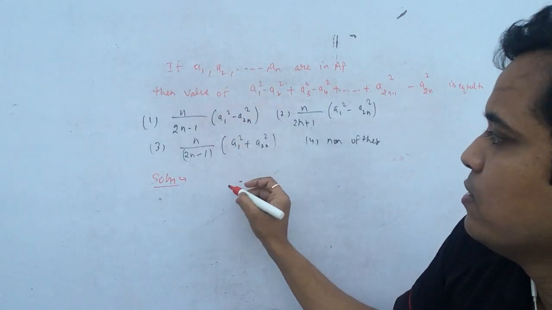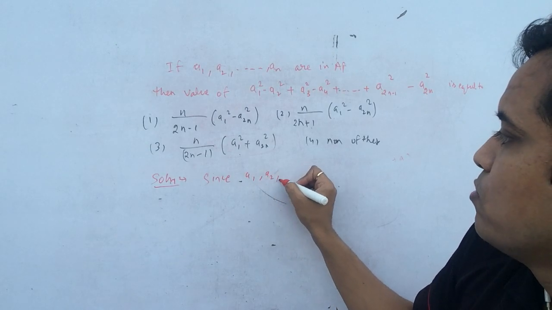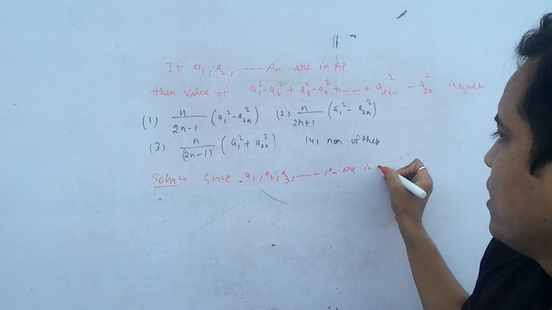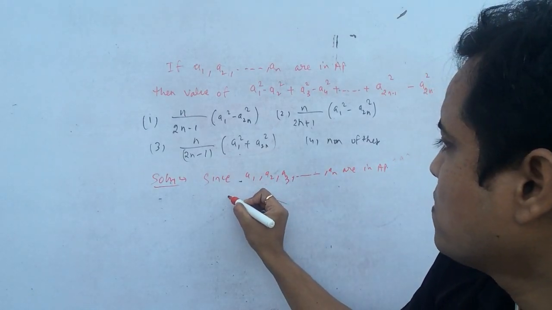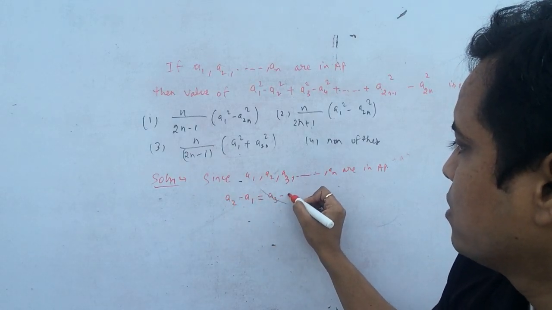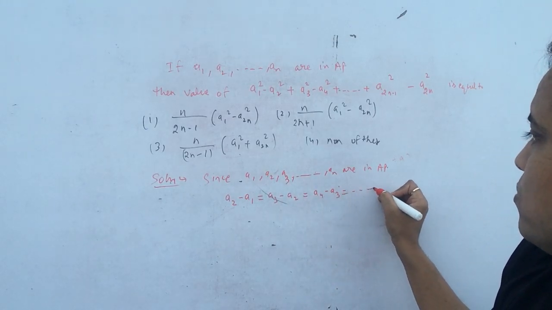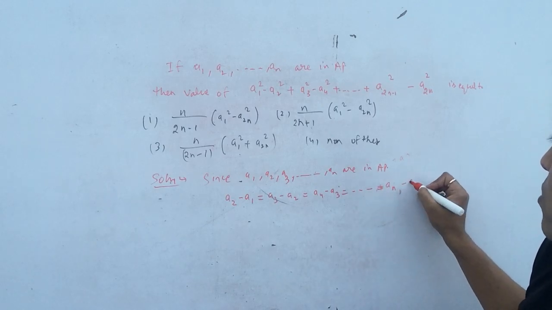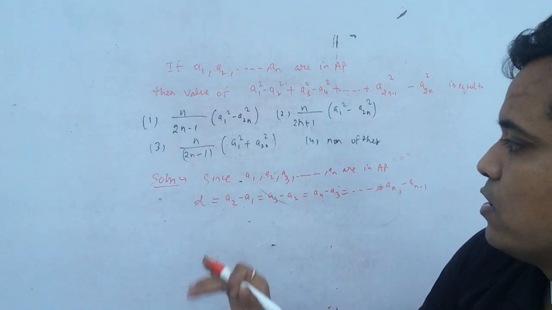Since A1, A2, A3 up to AN are in AP, what do we know? A2 minus A1 equal to A3 minus A2 equal to A4 minus A3 equal to AN minus AN minus 1. Yes, D, the common difference, is always the same.